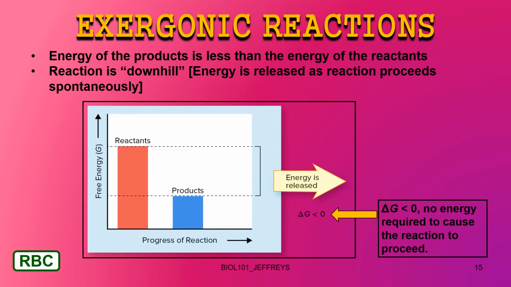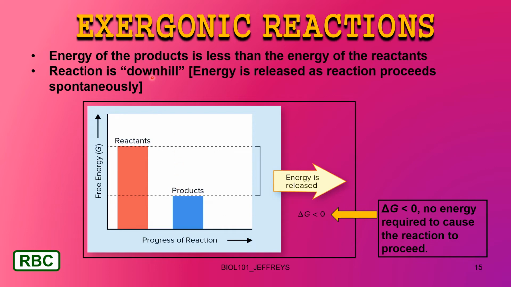Versus the exergonic reaction. Here, the energy of the products, way down here, is less than the energy of the reactants. This is like the person standing at the top of the hill with the big ball, rolling the ball downhill.